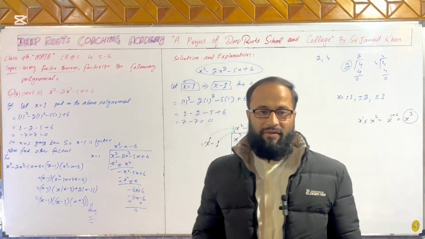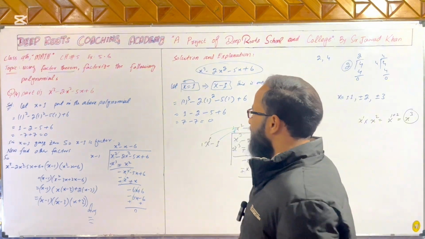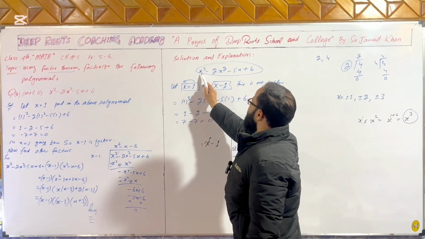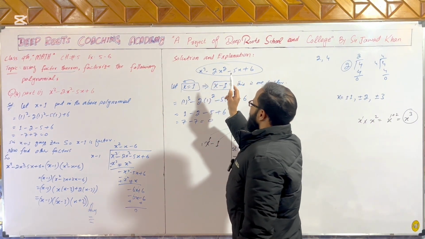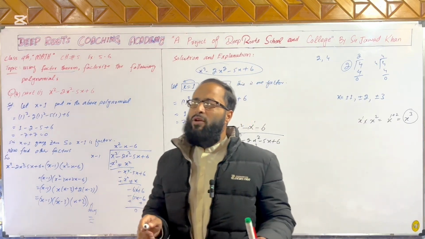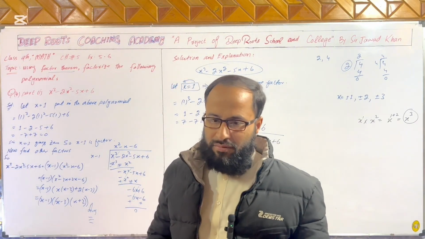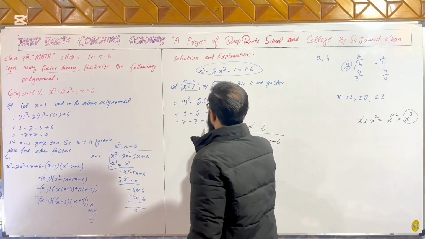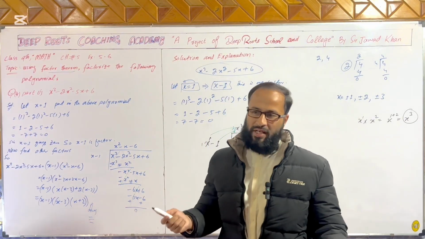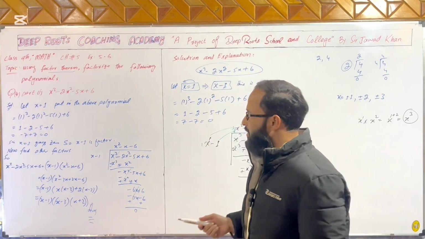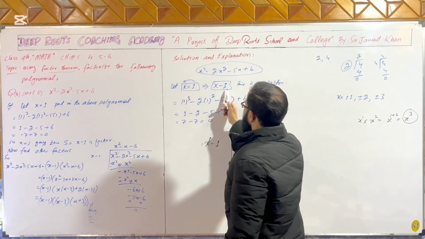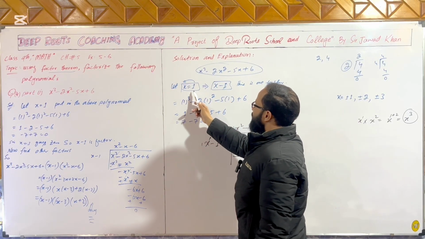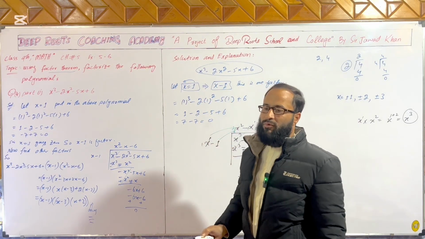X minus 1 is a factor, and that is a very easy thing. Just put in the x value upon which the expression gives us 0, that will be the factor then. Just transfer that value and write it with the x.